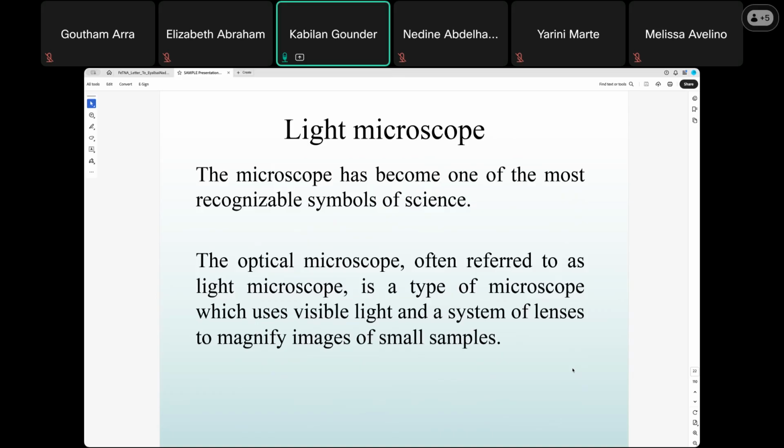The optical microscope, often referred to as a light microscope, is a type of microscope which uses visible light and a system of lenses to magnify images of small specimens. That is the light microscope. Visible light is the light source we use for the light microscope.